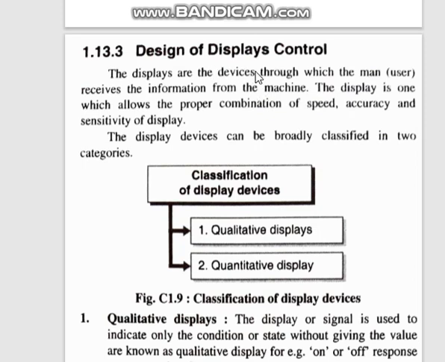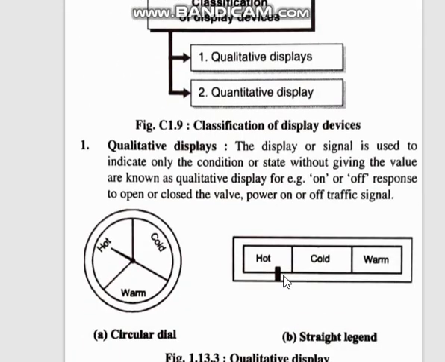Display means that which shows some information, maybe the speed, the accuracy, the sensitivity, we'll be able to know by these displays. There are two categories: qualitative and quantitative. Your circular dial may be like this.